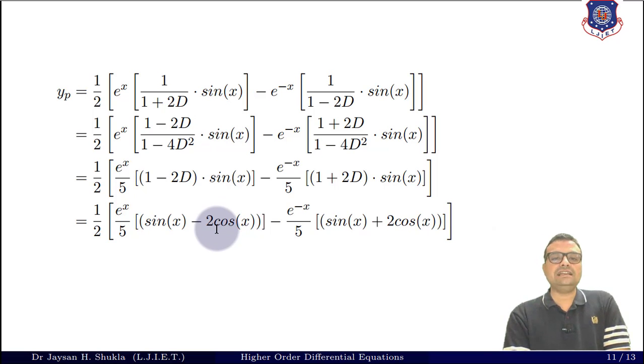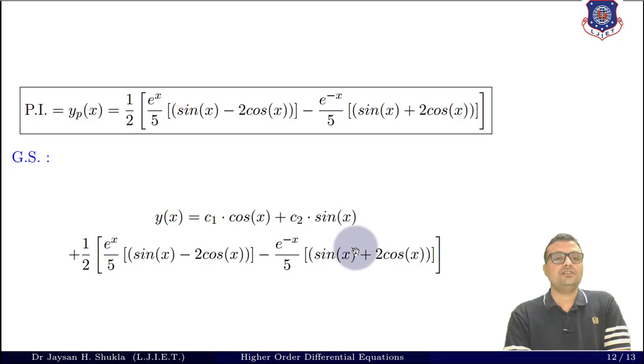Over here, sin x and plus 2d means 2 cos x. So finally, after this stage, we will receive the particular integral as 1 half in bracket e raised to x by 5 sin x minus 2 cos x minus e raised to minus x by 5 sin x plus 2 cos x. This is how we can find the particular integral.